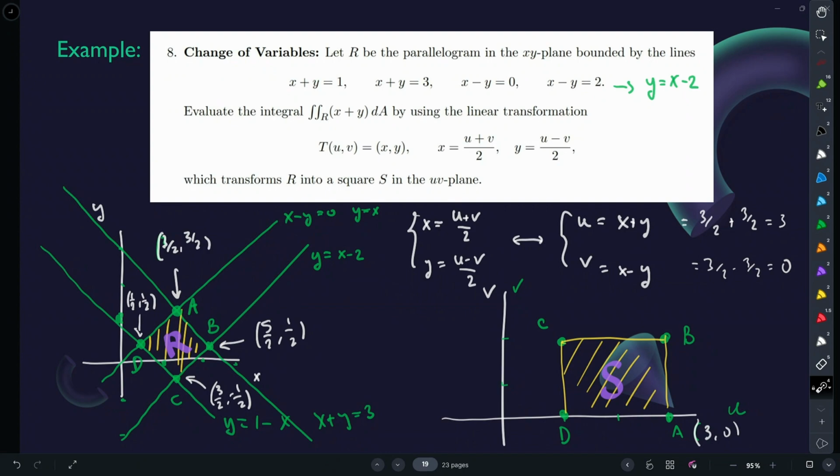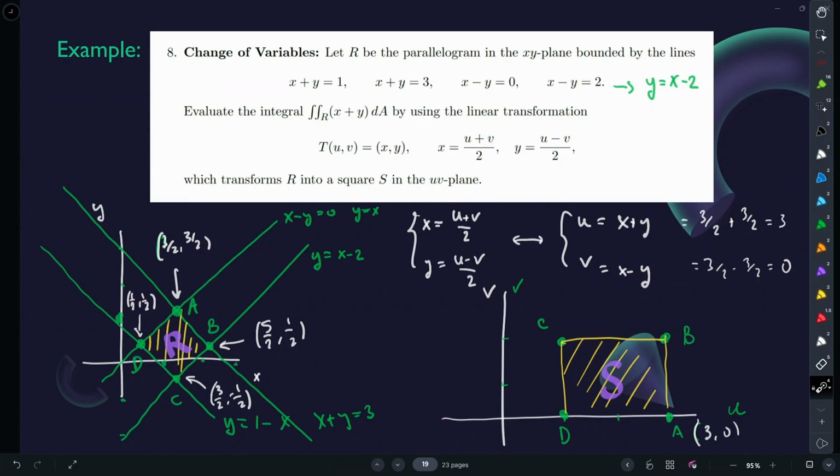Yes? But doesn't it give you the region S? Because u equals 1 and u equals 3, so it's between 1 and 3. How do you know that u equals 1 and v equals...? x plus y equals 2, so u equals 1, and then u equals 3, and then v equals 0, and v equals 2. So it's the interval between 1 and 3 and between 0 and 2. Yeah, so this is a different way of figuring it out.